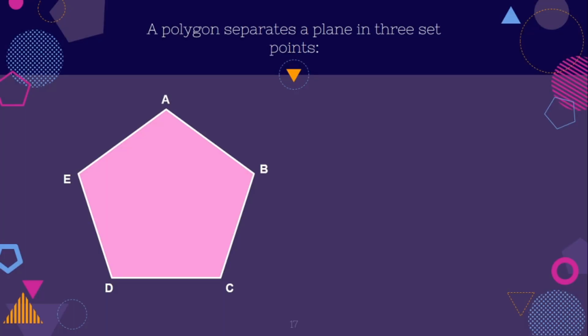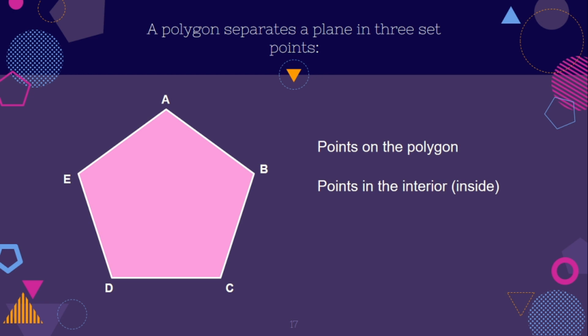Next is, this polygon separates the plane into 3 sets of points. So it says we have three sets of points from this polygon. First, the orange you see on the line segments, those are what we call the points on the polygon itself. And then the points inside, these are what we call the points in the interior of the polygon.